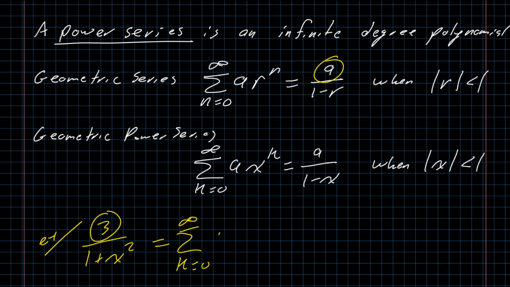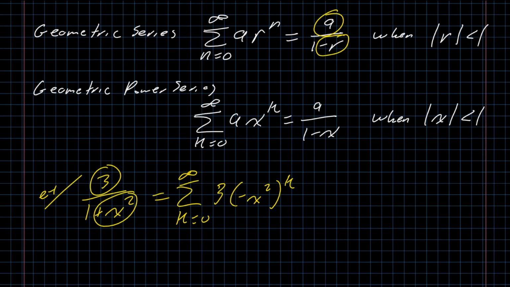So I guess our a is 3. And then instead of having a minus r, we have plus x squared. So minus r is plus x squared, which means that r itself is minus x squared. And that looks a little bit goofy, but that is in fact a power series.